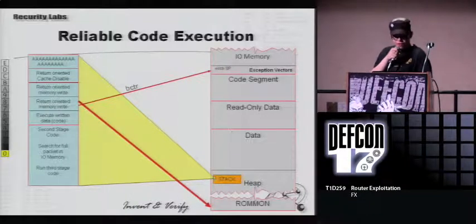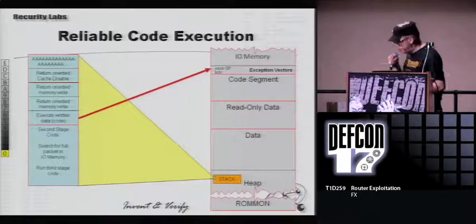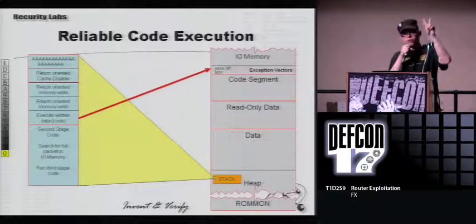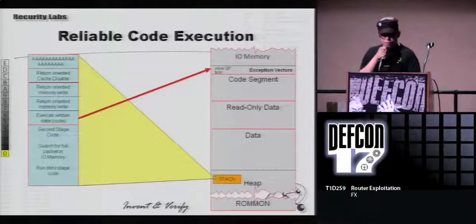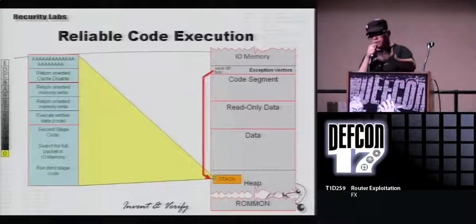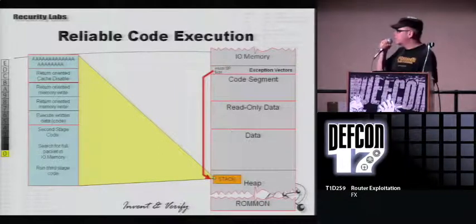And then we can just jump there. The net effect is that these two instructions know exactly where the stack pointer is, so we can jump there. So we're jumping into the buffer which we're just overflowing. Now we have regular code execution on the stack, right?